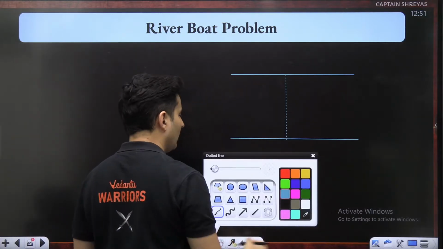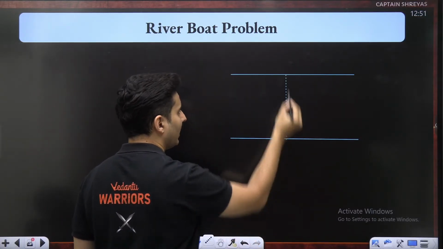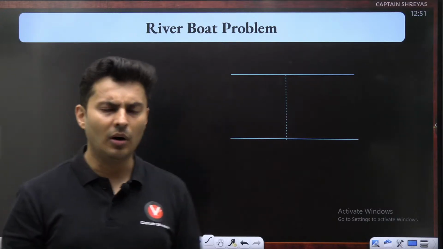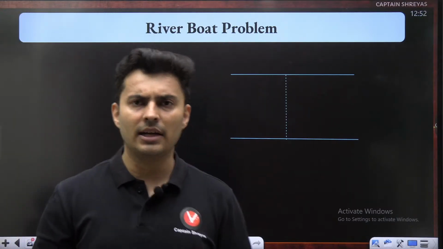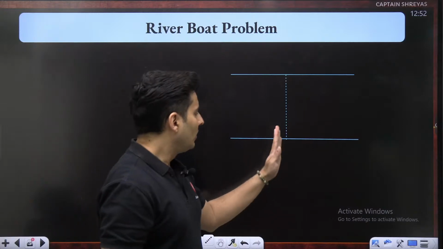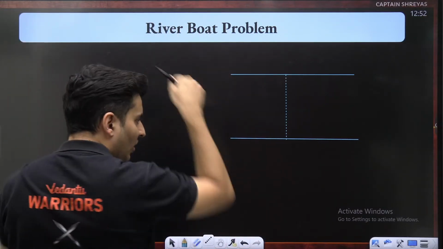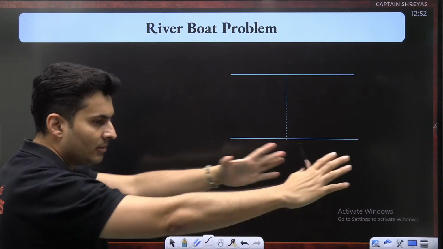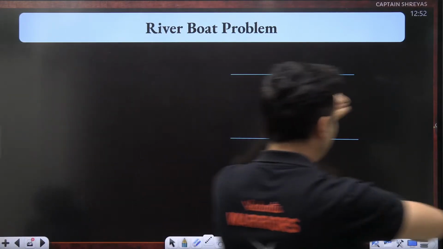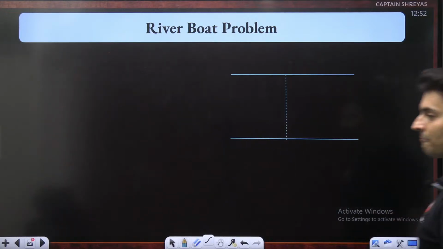Imagine you start from a point on one bank and you want to exactly reach the opposite side. If the swimmer swims perpendicular to the flow, because the river is going to carry him that side, you will end up getting drifted and you will reach over here.